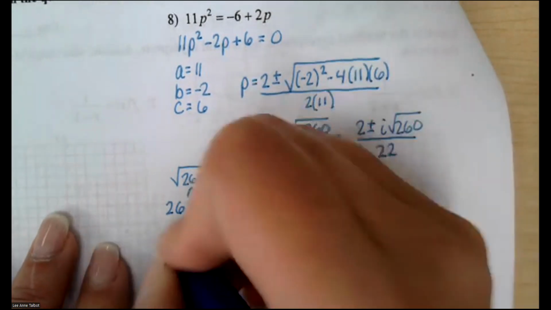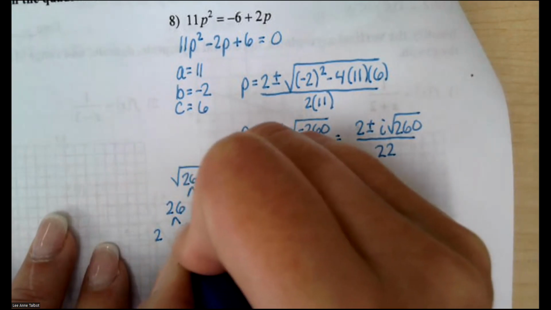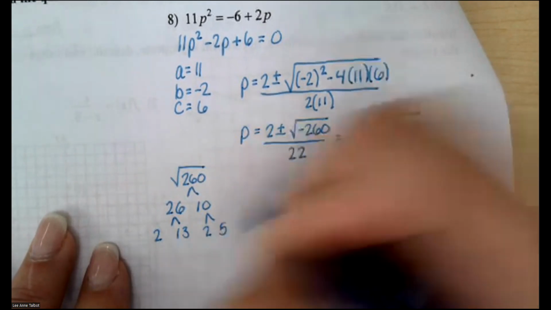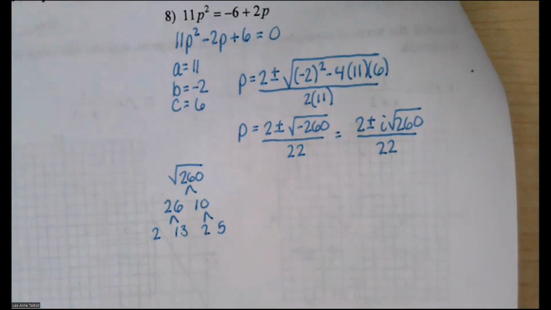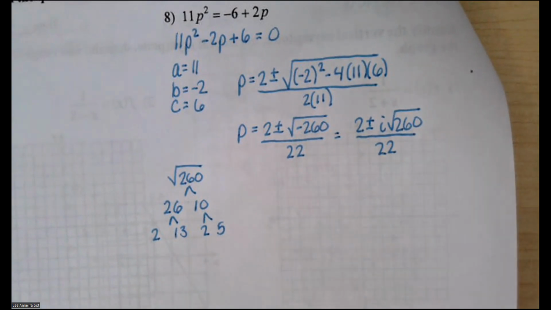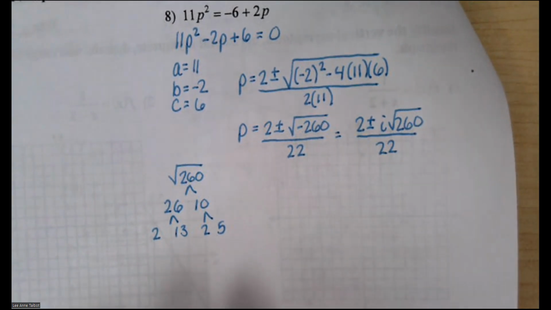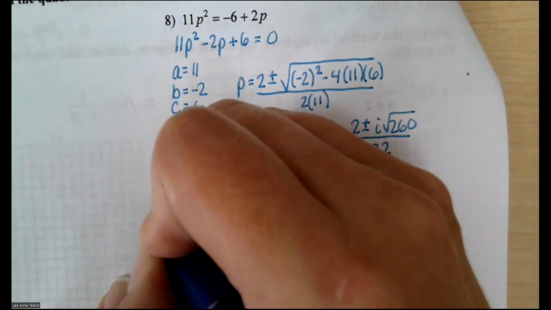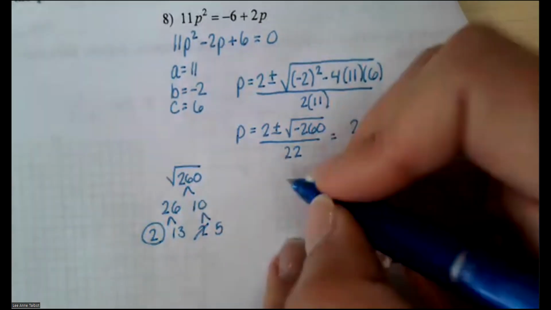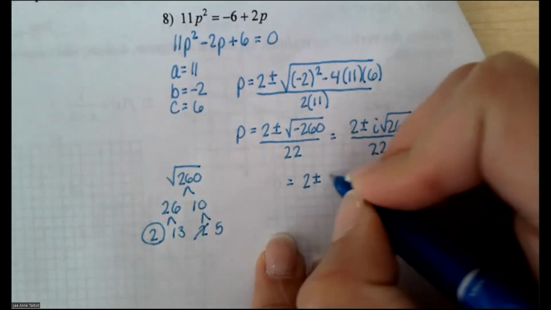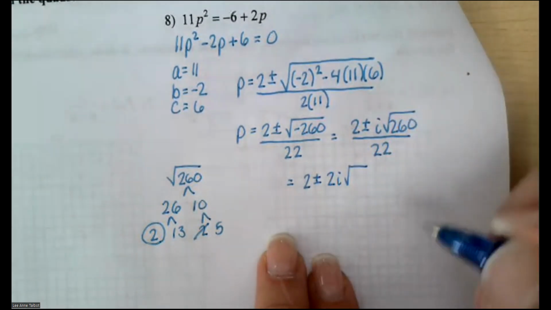Awesome. 2, 13, 2, 5. What do I do? Okay. So circle cancel, right? Okay. So 2 plus or minus 2i root, and then what stays inside?